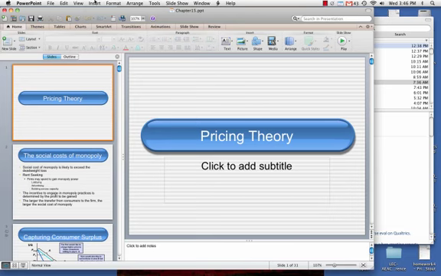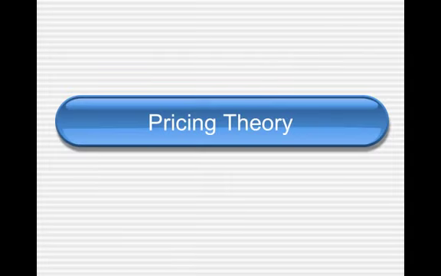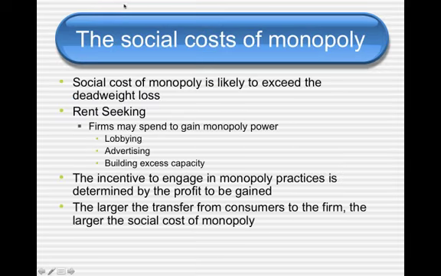Okay, so let's see here. I have to learn how to do this. Here we go. Pricing theory. I made these slides myself, can't you see? But now I can't get it. Here we go.